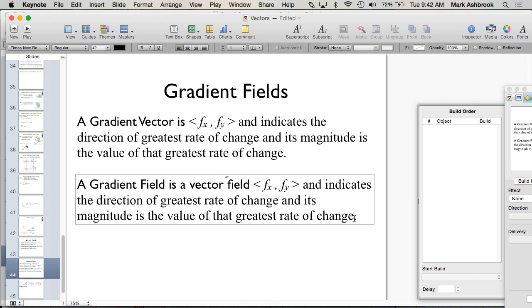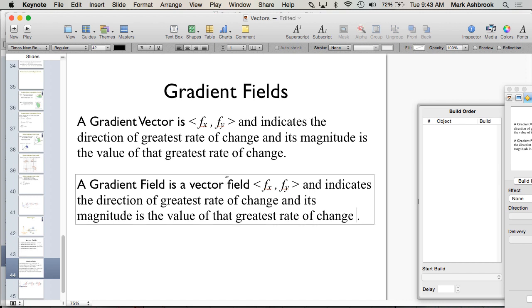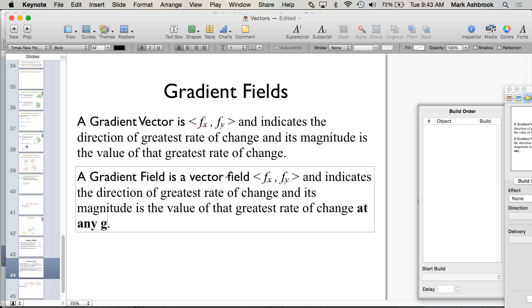So the only difference now is, we would say, at any given point x, y.